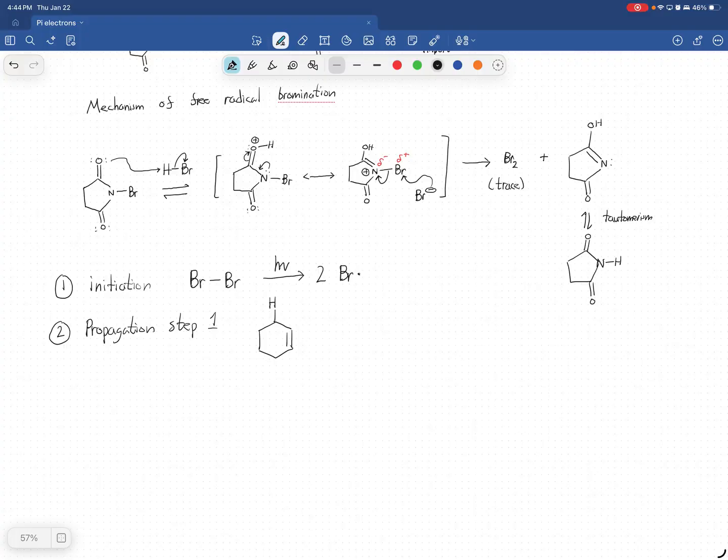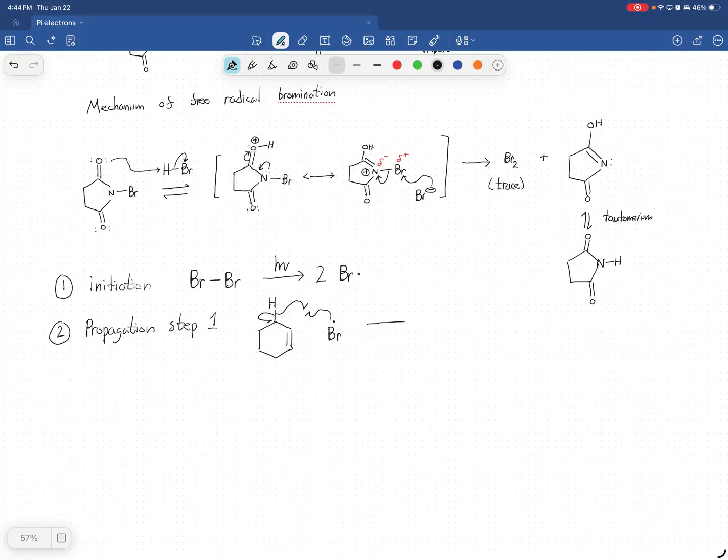So, one of the bromine radicals here will approach, and since this CH bond is weak, it actually prefers attacking that single bond instead of the pi bond of the alkene. So, you have one arrow coming out to combine with the bromine, and then, trying to draw this as clear as possible, one arrow is coming out and landing on that carbon atom, okay?